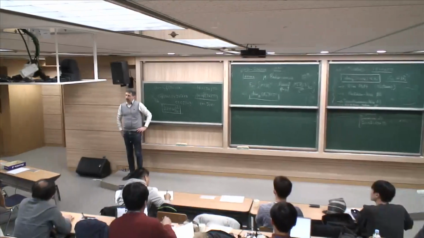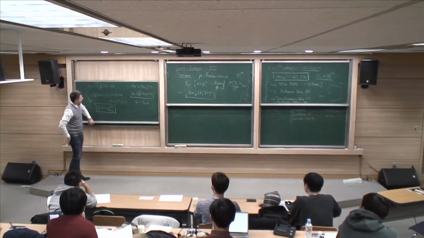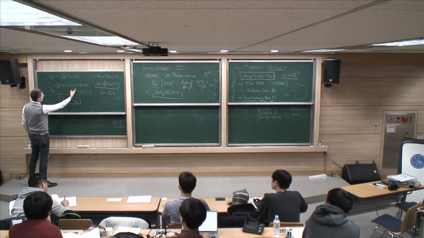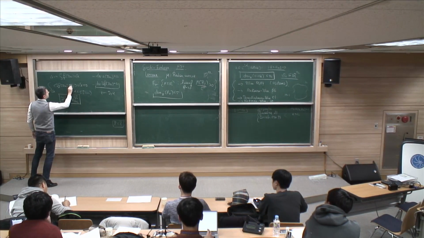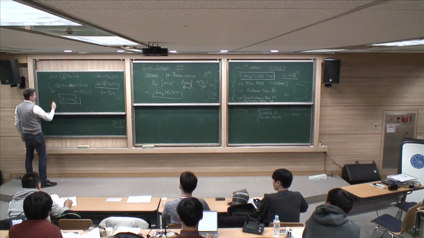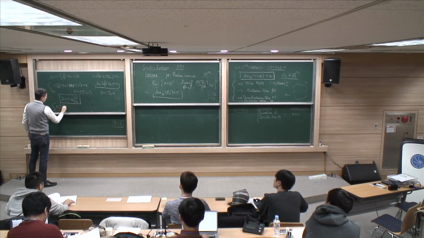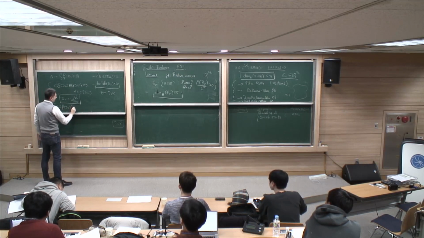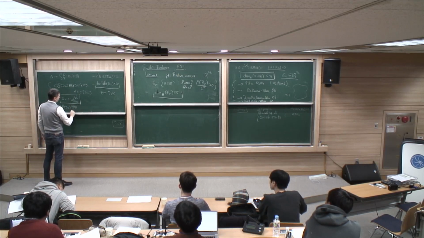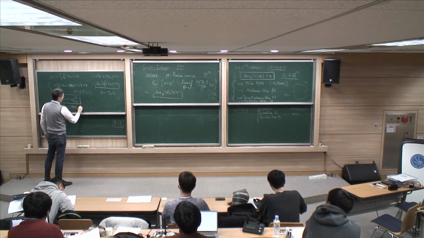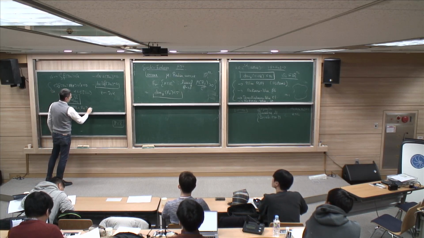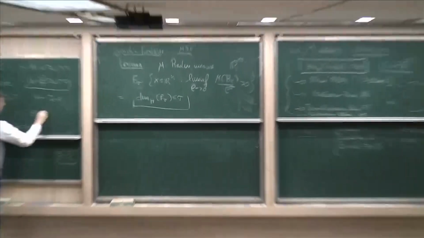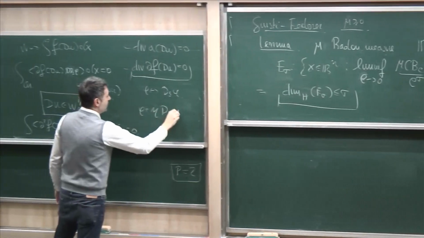How do you do this? You put this here and integrate by parts, so you switch to the second derivatives of phi. And now you choose something like phi eta times the gradient of u.